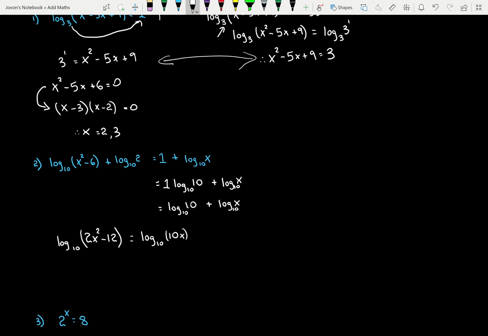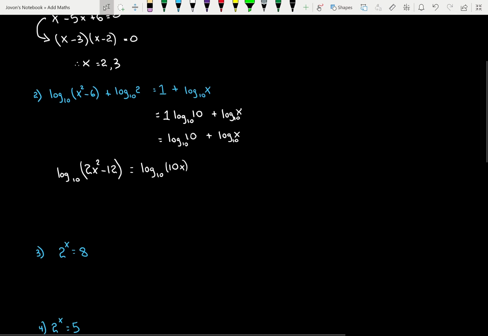Then we have one term on each side, both to the same base, so we can drop the logs. So what we get is 2x squared minus 12 is equal to 10x.